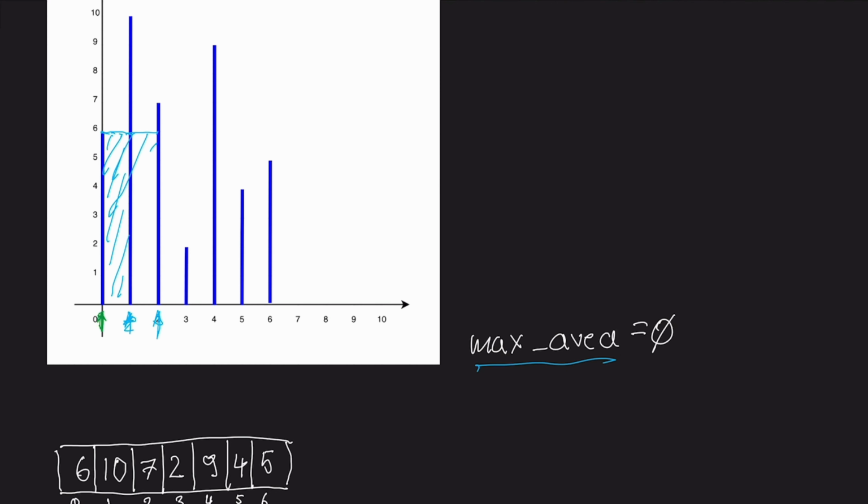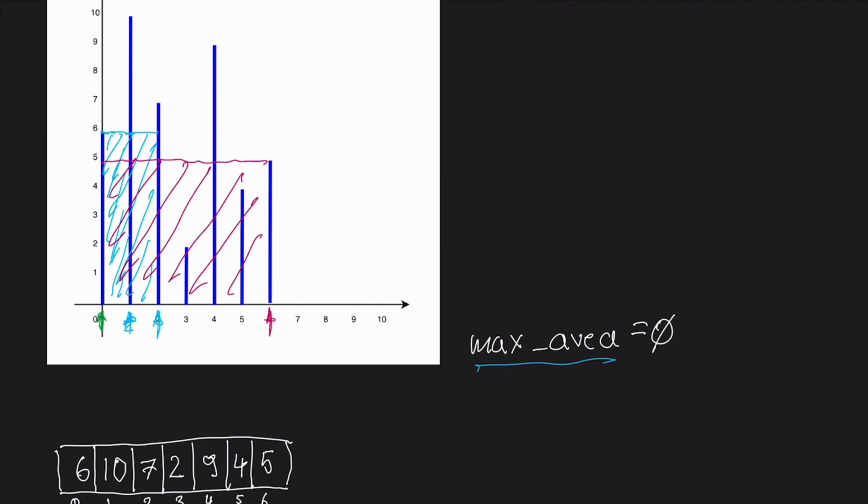We would compute its area again, compare with the max area, and so on until we reach the last bar, and then the rectangle we could form between the first bar at index 0 and the last bar at index 6 would be as I am drawing on the screen. We would again compute the area of this rectangle, and this would be all rectangles which have the left side at position 0 and the right side at all the positions after 0.